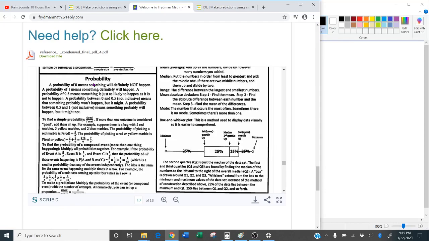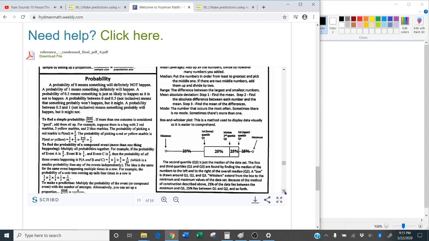So when we talk about probability, we're talking about how likely something is to happen. If there's a 0% chance of something happening, that means it cannot happen. If there's a 100% chance of something happening, that means it definitely will happen. And we can have probabilities in between also.